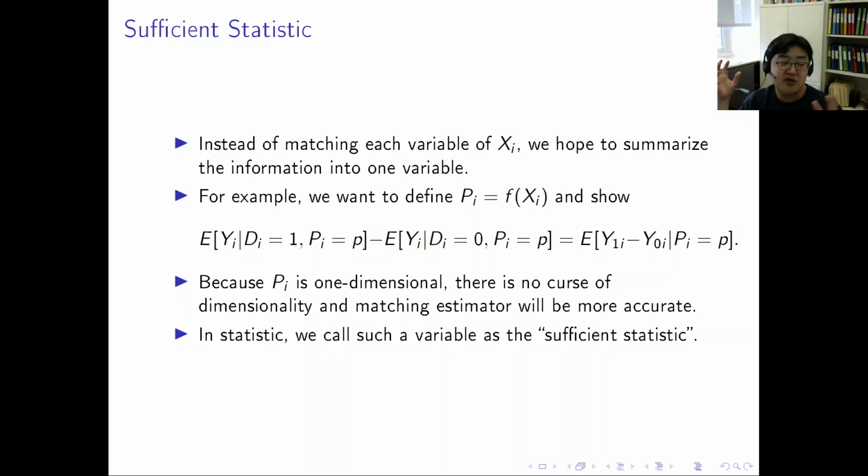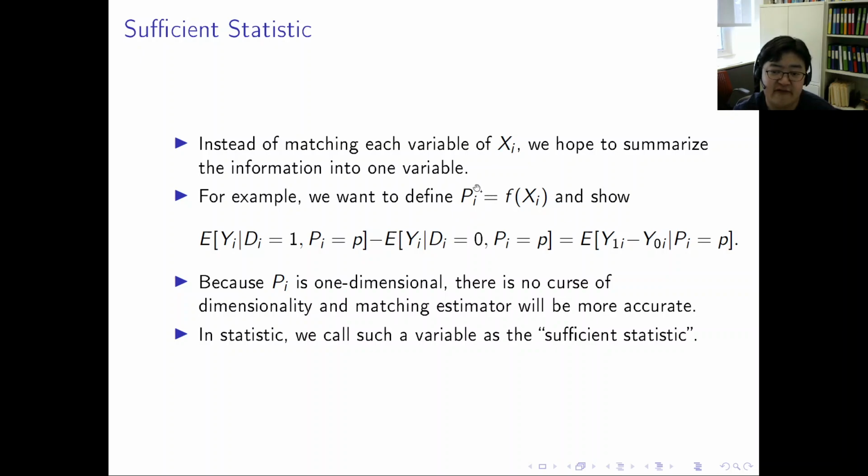That's the dimension reduction, right? So for example, we hope to transform x. X is actually a vector. It contains multiple variables, but by taking some function, we transform the variables into only one variable, which we define as p.